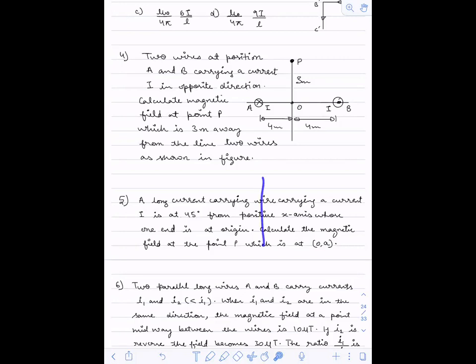Do you remember that one question we discussed like this, where this was 37 degrees, and at this point P, I wanted to calculate the magnetic field, where I told you to draw the perpendicular by extending it? It is the same question here. So you have to solve this.